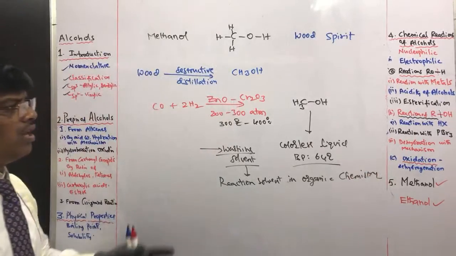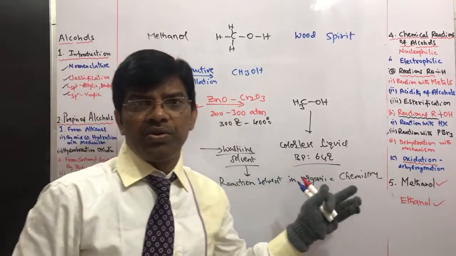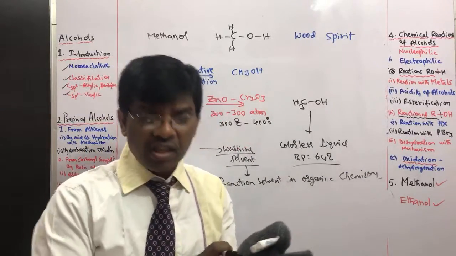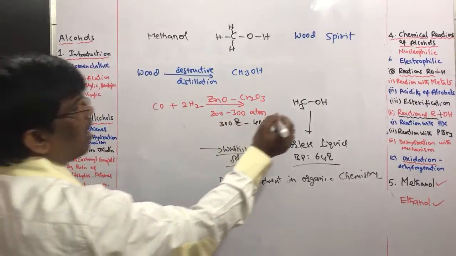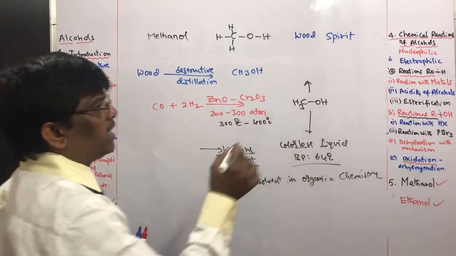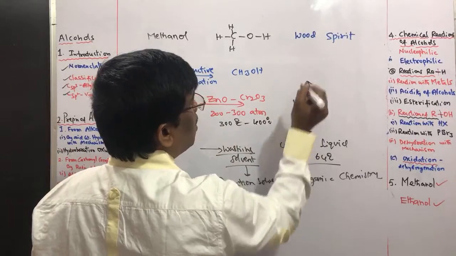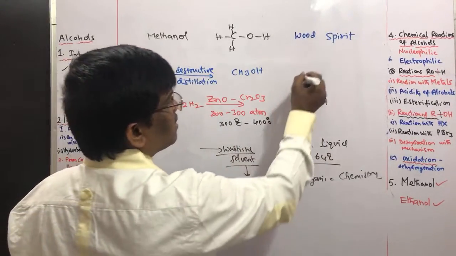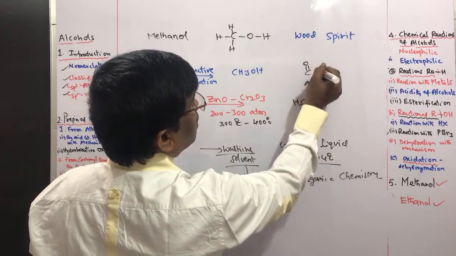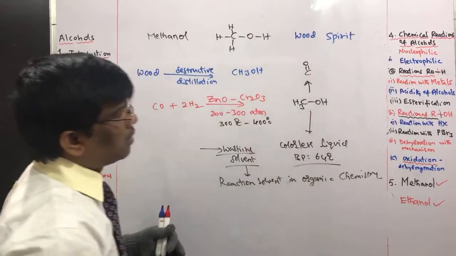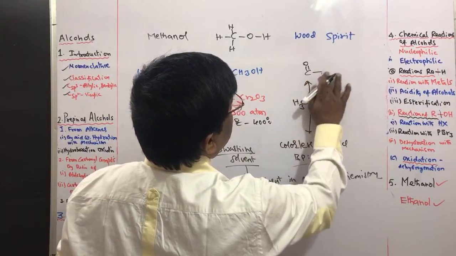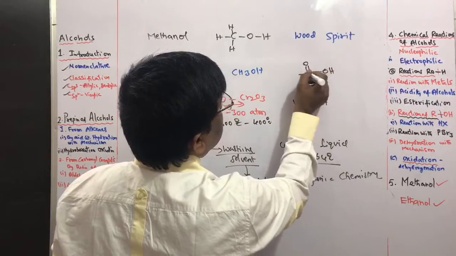This methanol is widely used in the paint industry as varnishes and so on. But the important thing is that if methanol is taken by human beings, it is going to be oxidized in the stomach or intestines into formic acid.